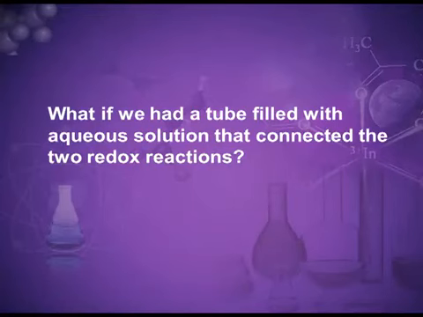Let me tell you what will happen if we connect the two solutions through an inverted U-tube that is known as salt bridge. Let's see. What if we had a tube filled with aqueous solution that connected the two redox reactions?